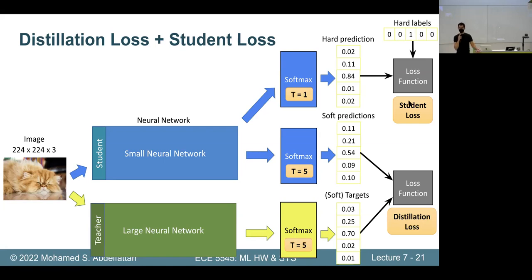So people tried the standard softmax temperature, they tried a higher softmax temperature, and empirically they found that higher temperatures typically work a bit better. And so I'm hesitant to give any specific answer as to why we should search for a good T value, except that empirically it works well.